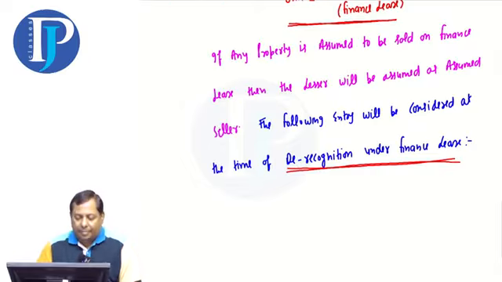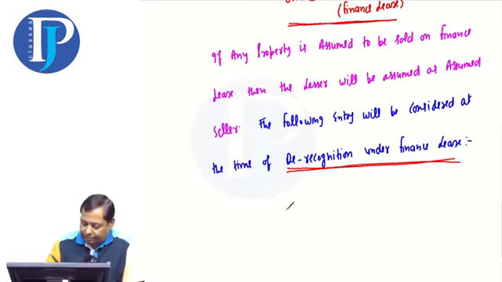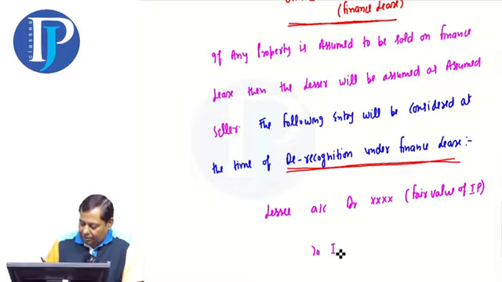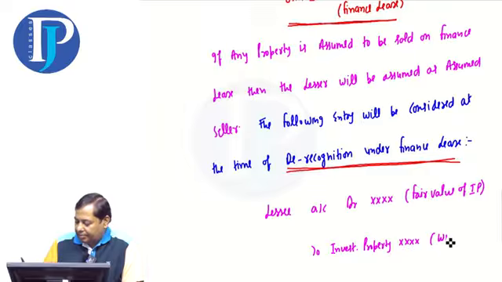Derecognition under finance lease, entry passage. Lessee account debit. This entry will be passed at fair value, fair value of IP. To investment property. So the WDV entry will be passed, or book value, or carrying amount, write anything.